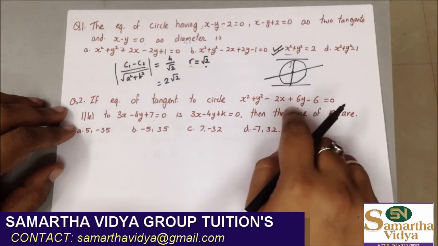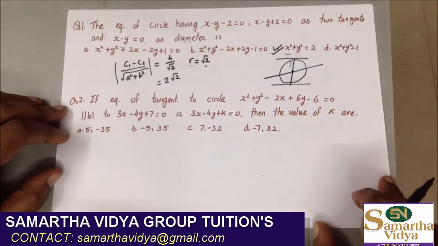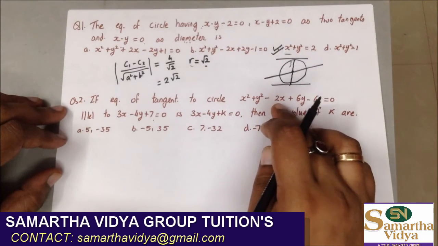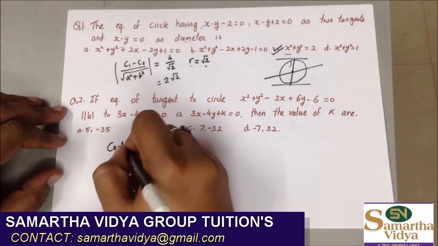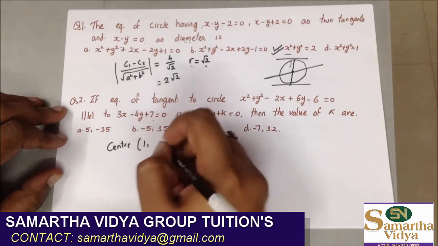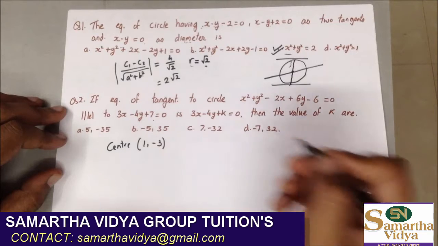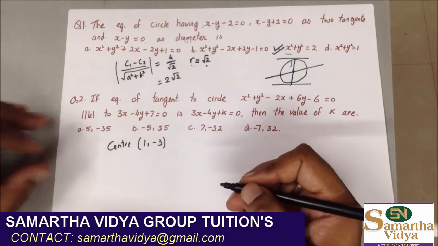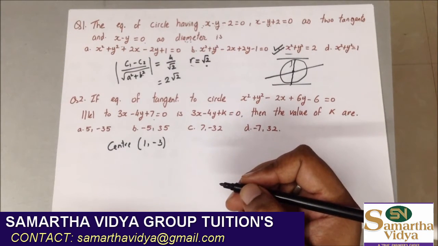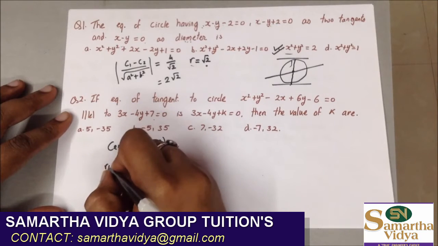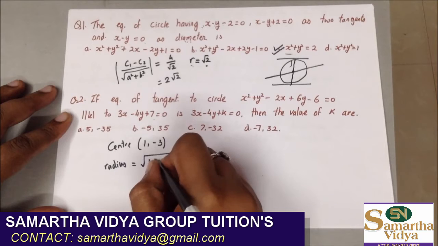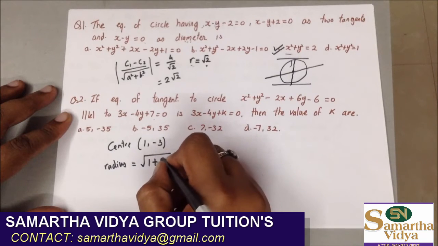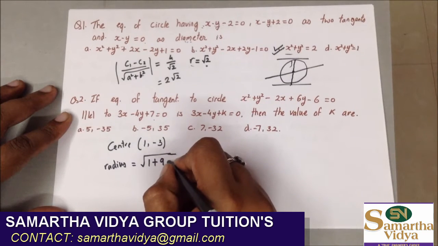So from here we can find that the center of the circle is nothing but 1 comma minus 3. So we are getting the center of the circle as 1 comma minus 3, and from there we can get the radius. So radius is equal to root of 1 square plus 3 square plus 6.